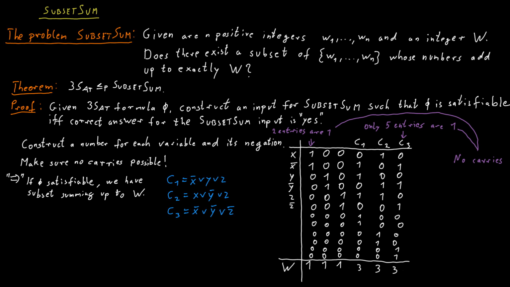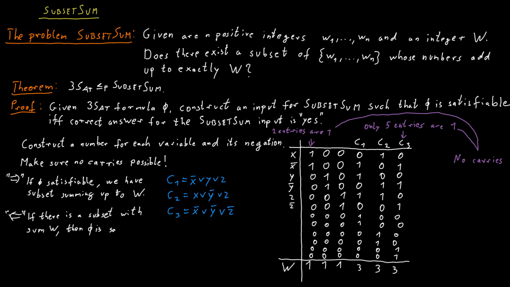And we can also reach the target value for the other columns because we know that each clause is satisfied, and therefore so far in each of these columns we've had at least a value of 1. And if we don't have a value of 3 yet, we can include either 1 or 2 of the corresponding dummy variables.